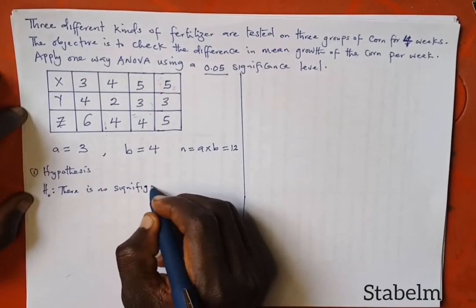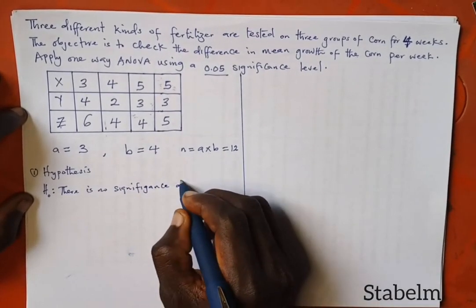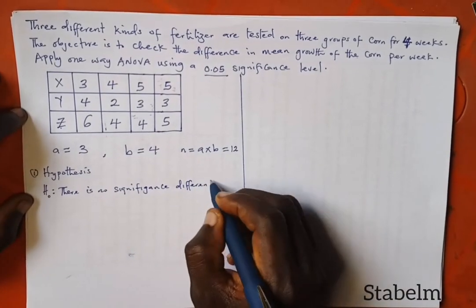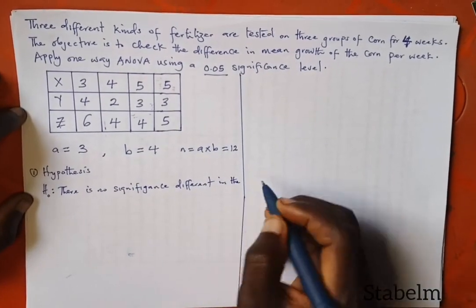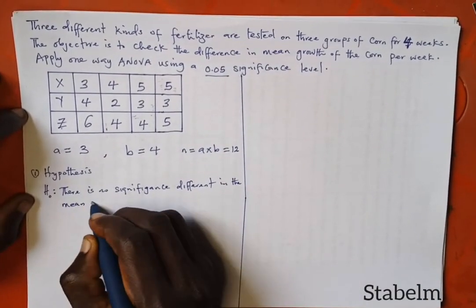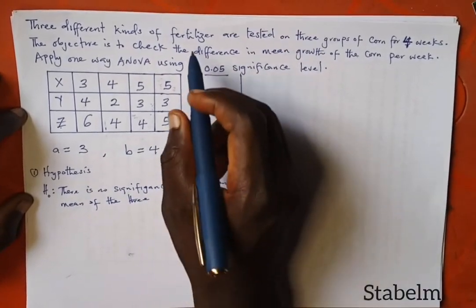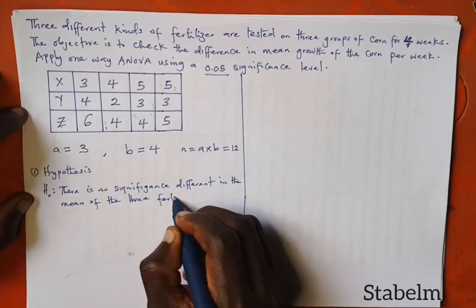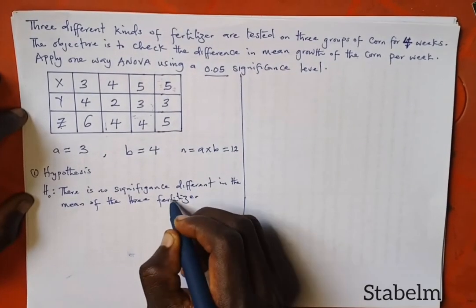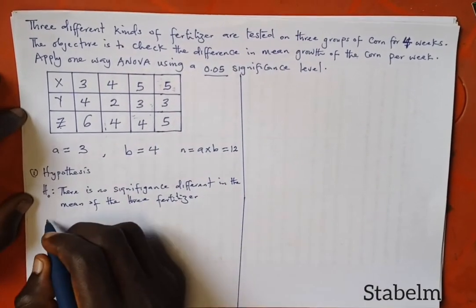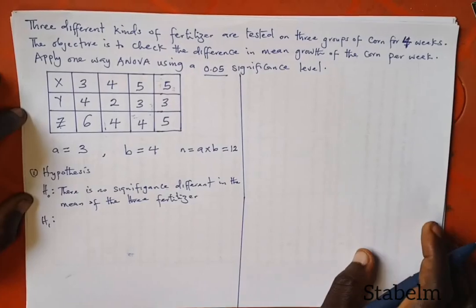in the mean of the three treatments. Just say 3 fertilizers instead of treatments. Versus H1, which is the alternative hypothesis.